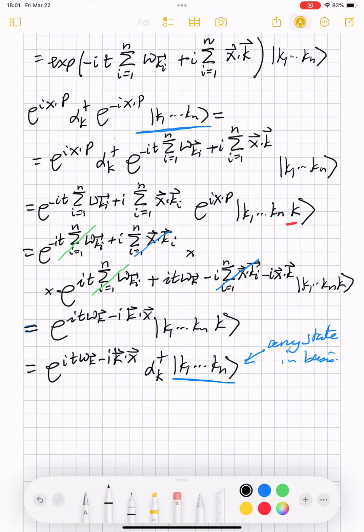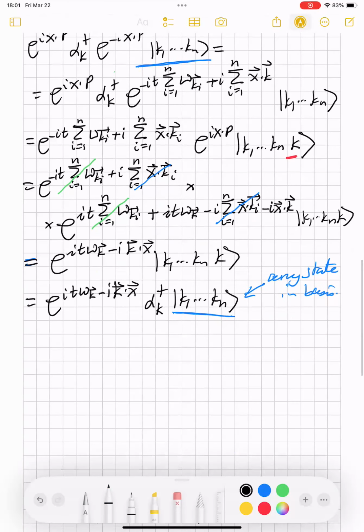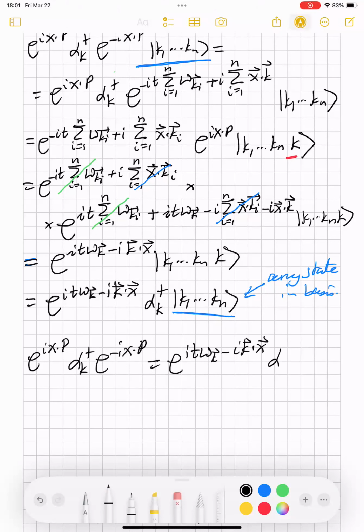So we learn that e to the i x dot p alpha k dagger e to the minus i x dot p is equal to e to the it omega k minus i k dot x alpha k dagger.